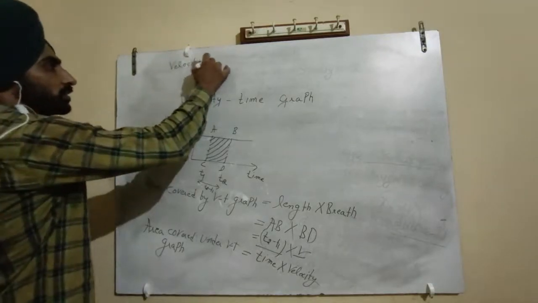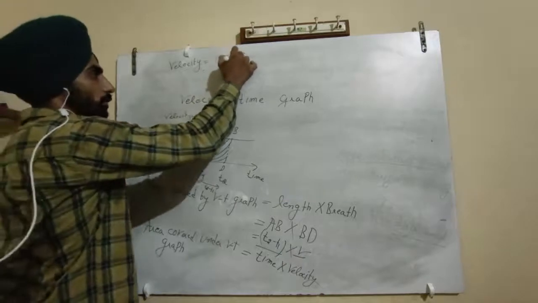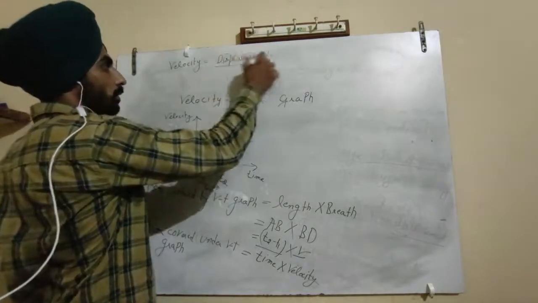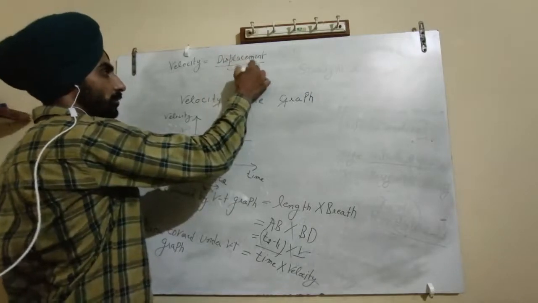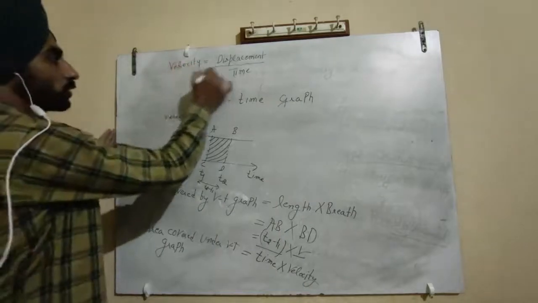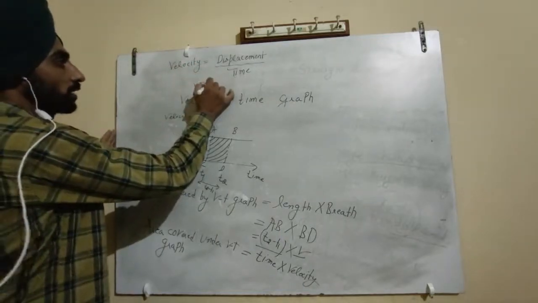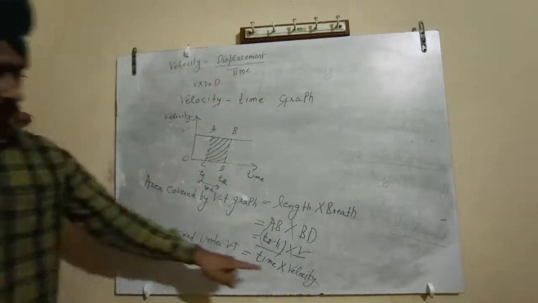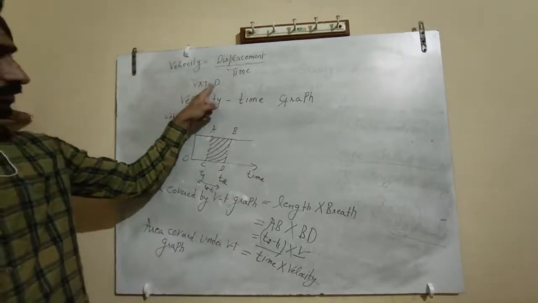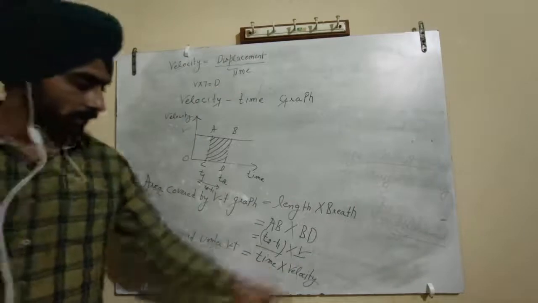Velocity formula is displacement upon time. So if I multiply this velocity with the time, what will I get? I am going to get displacement. So velocity is being multiplied with time. What will be the value? Displacement. Here it will come, the displacement.